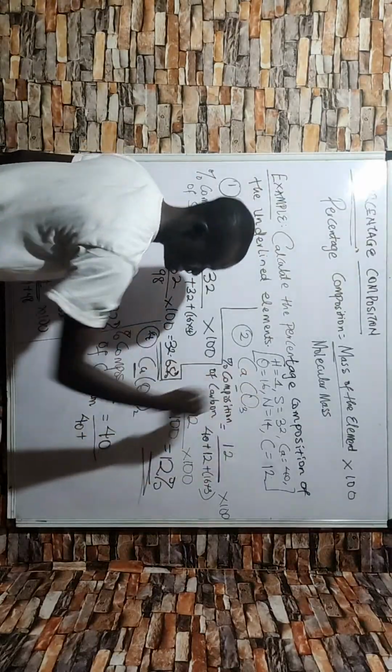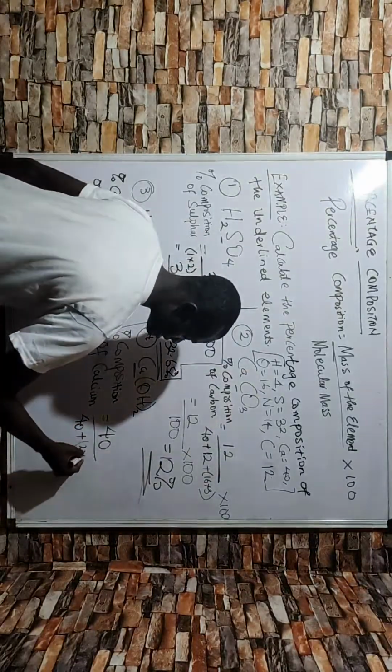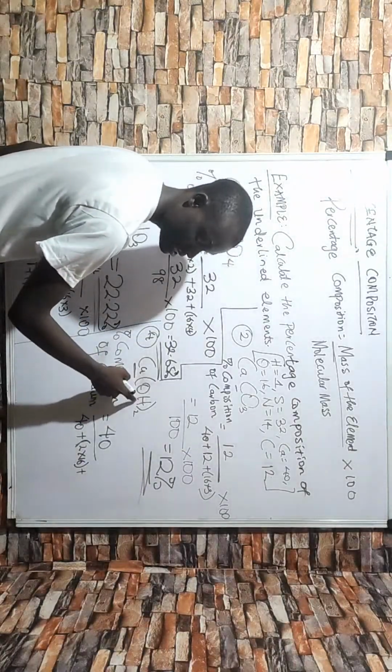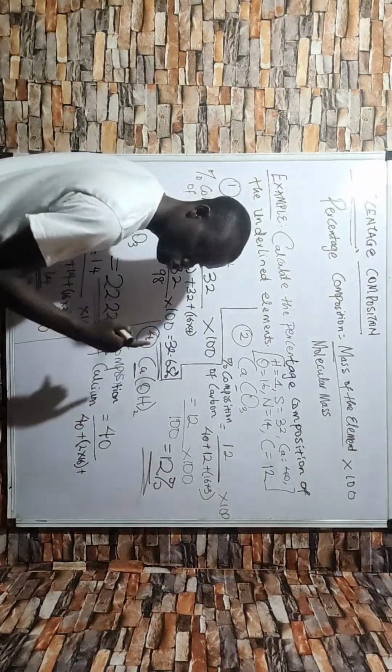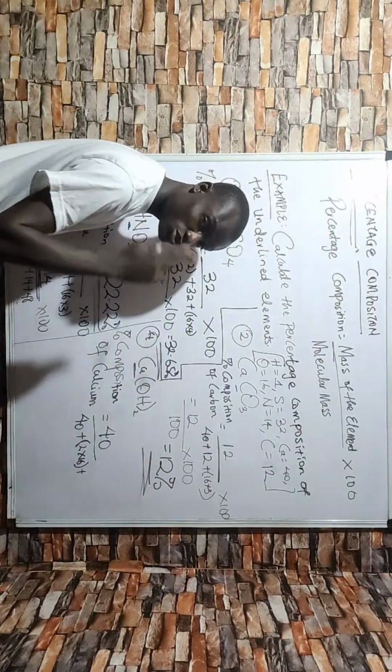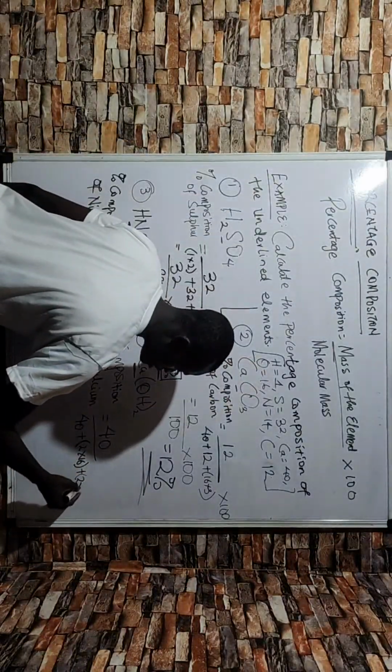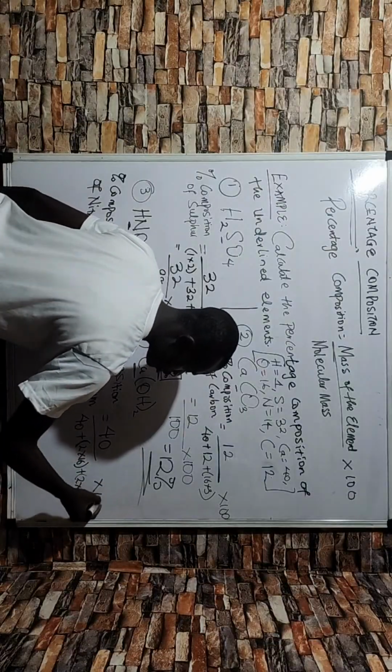One oxygen is 16, so that's going to be 2 times 16, plus hydrogen is 1 here, but 1 times 2 gives us 2. So in total we have 2 atoms of hydrogen, so we have 2 times 1, times 100.